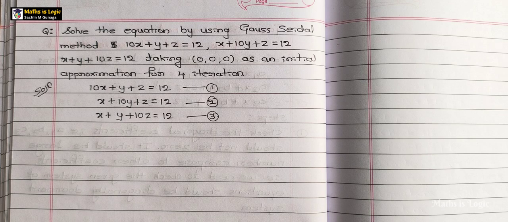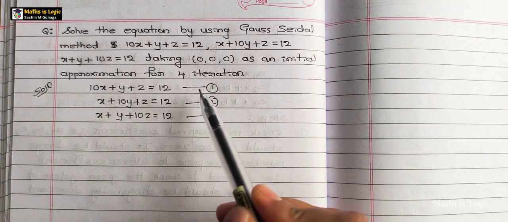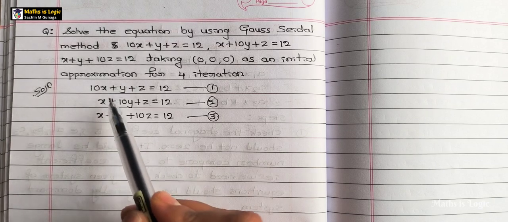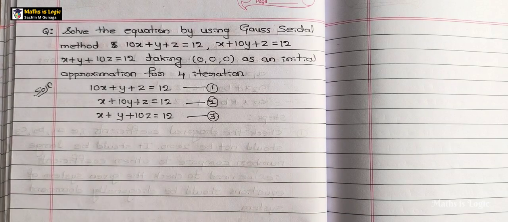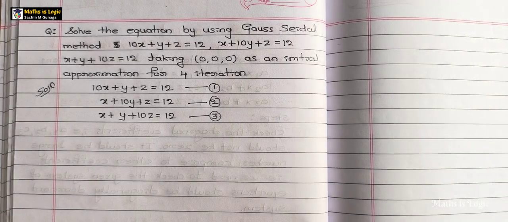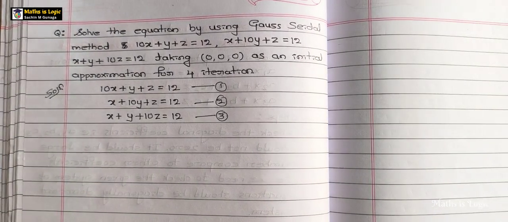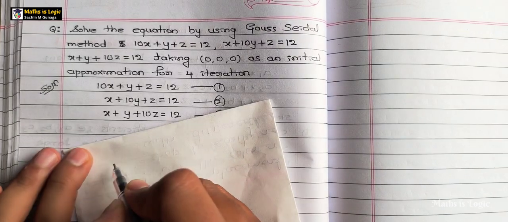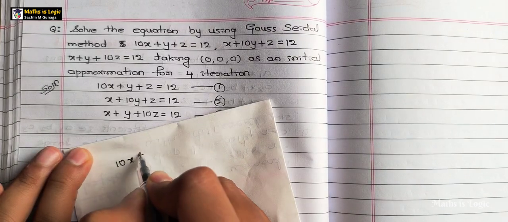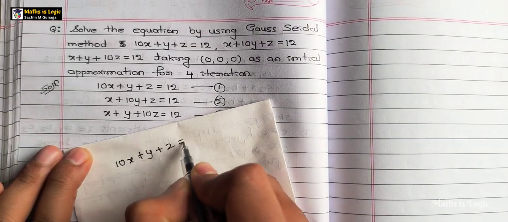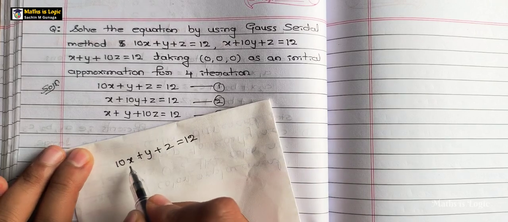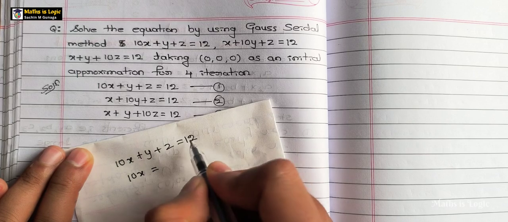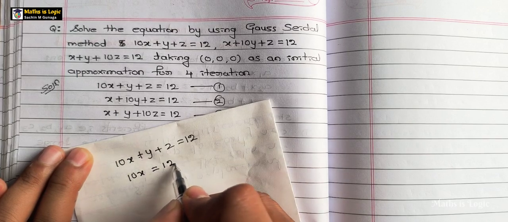So next step, using these 3 equations, we need to write the x value, y value and z value. Here I will show you how to write. See, the first equation is 10x plus y plus z is equal to 12. We need the x value, therefore 10x I am going to keep as it is. The right hand side 12 also keep as it is.